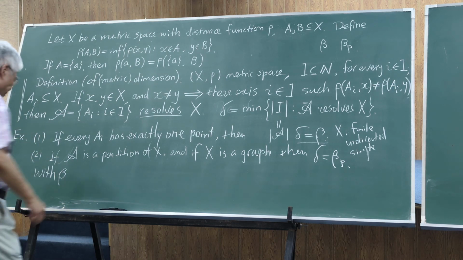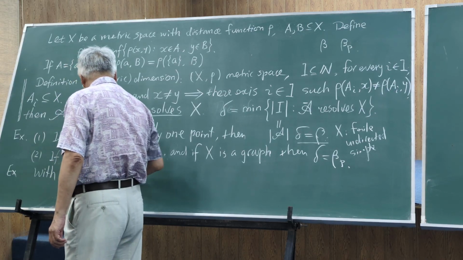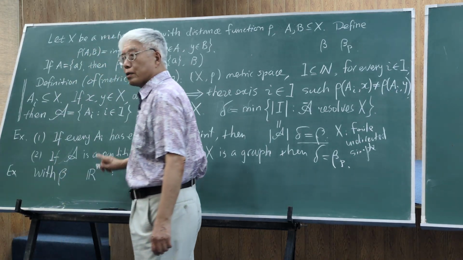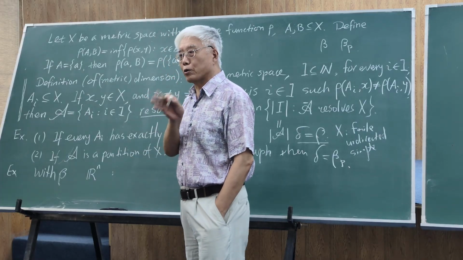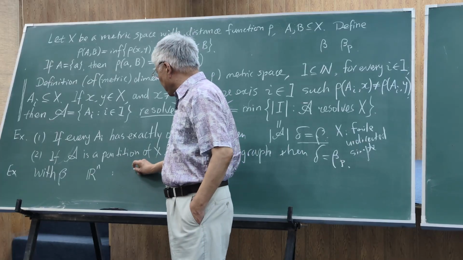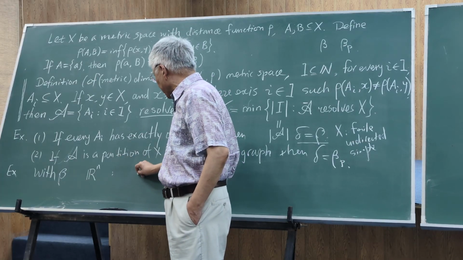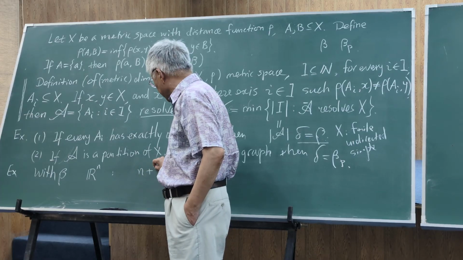For R^n it was known. It was an exercise question in Blumenthal's monograph, which I'm always talking about. You should check it out. It was proved that this has beta equal to n plus 1.